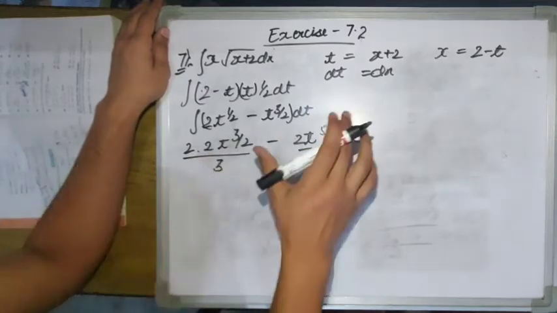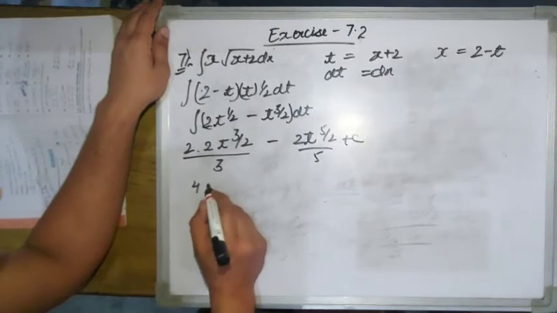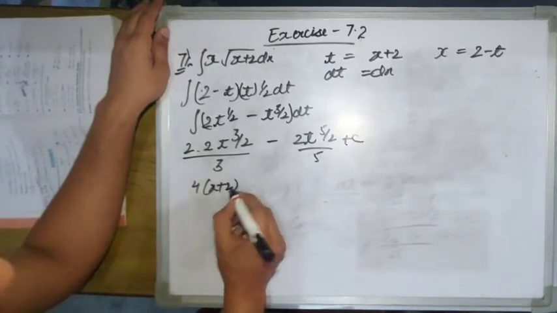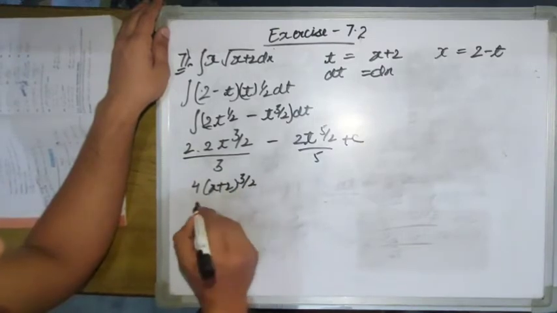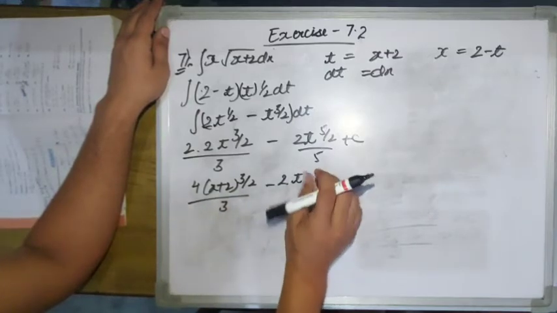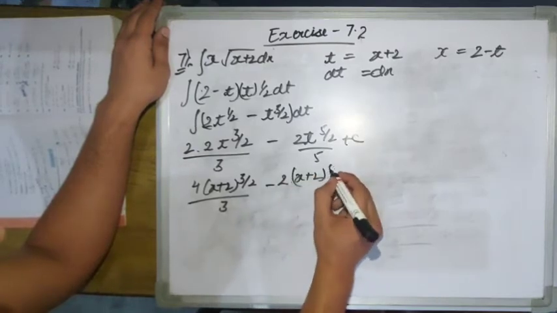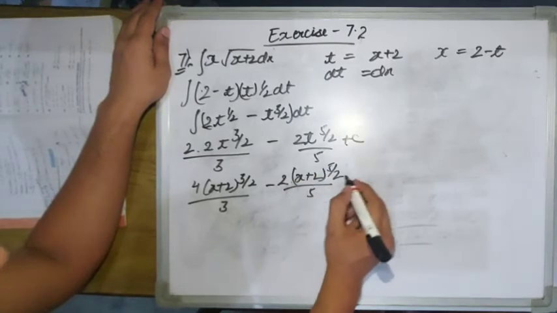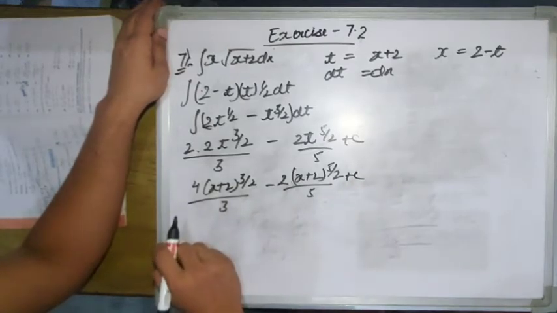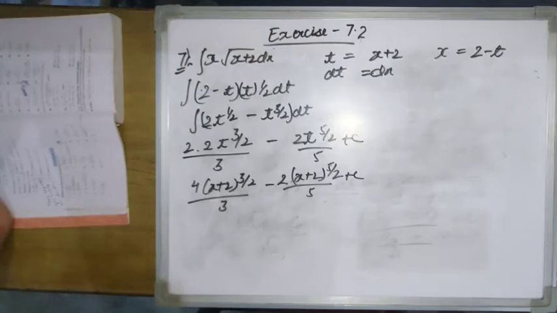You can simply put the value of t here. The value of t is x plus 2: (x+2) raised to power 3 by 2 upon 3 minus 2 (x+2) raised to power 5 by 2 upon 5 plus c. This is the 7th question. Pause the video, write it down, then we will move to our 8th question.